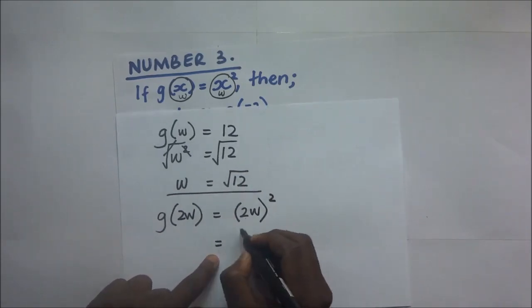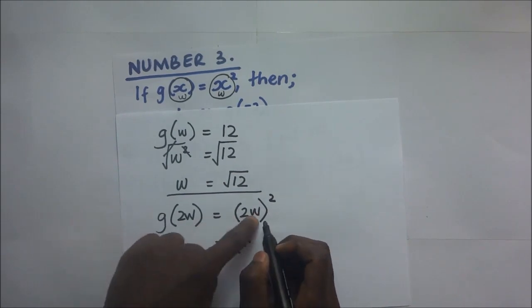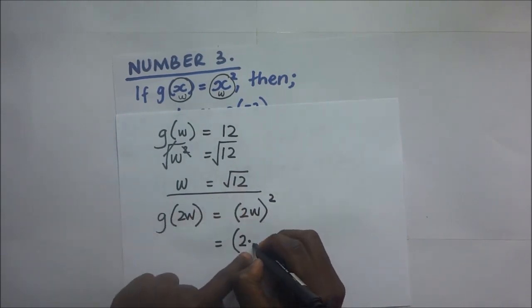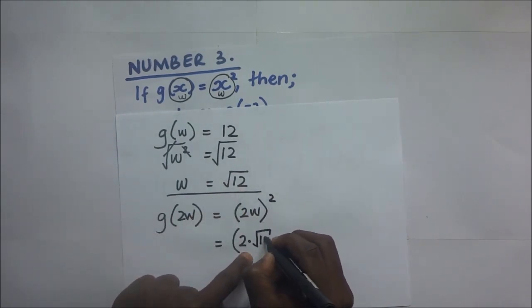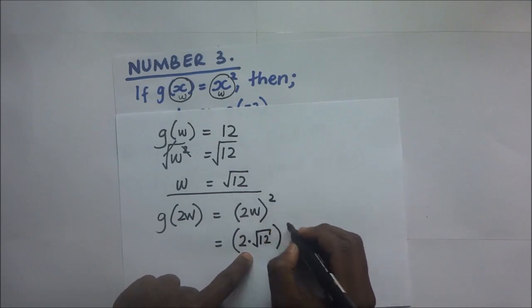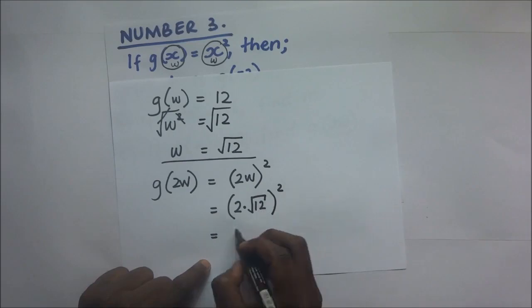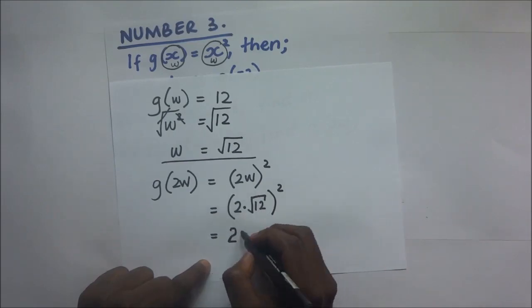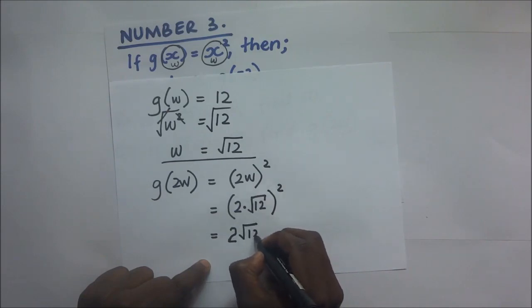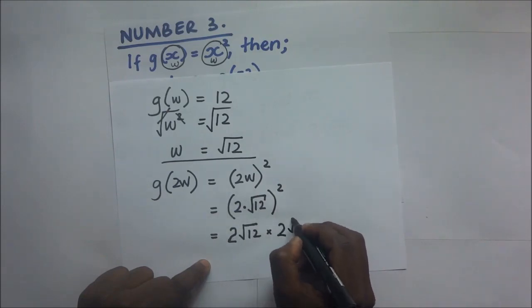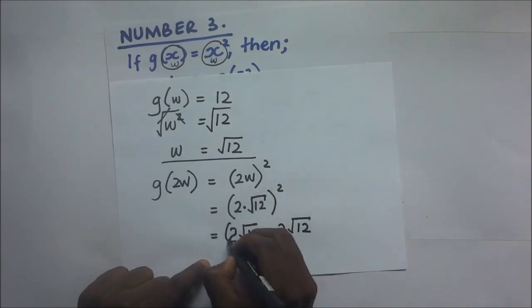So this is going to become 2 times w. Now we got w as the square root of 12, and all this is squared. So we can go ahead and find our answer. This becomes 2 root 12 times 2 root 12.